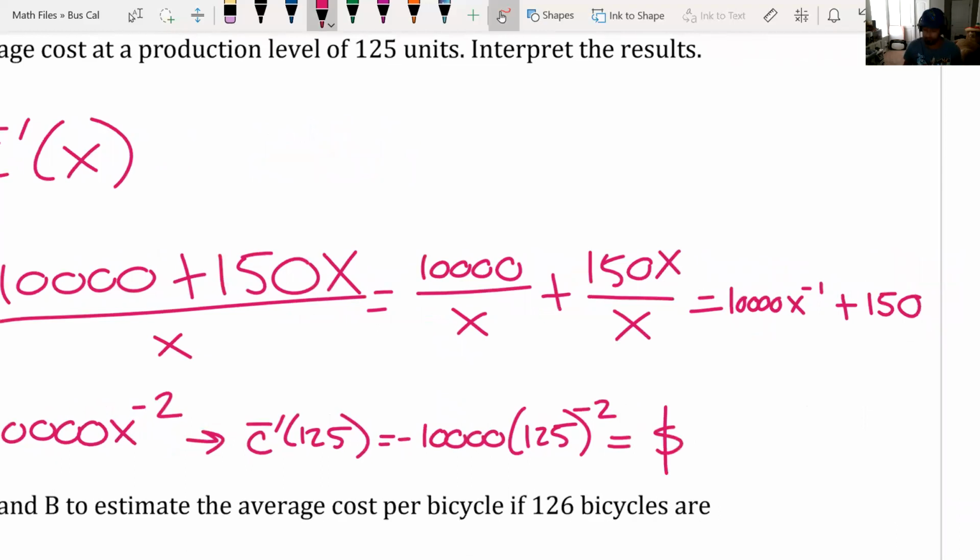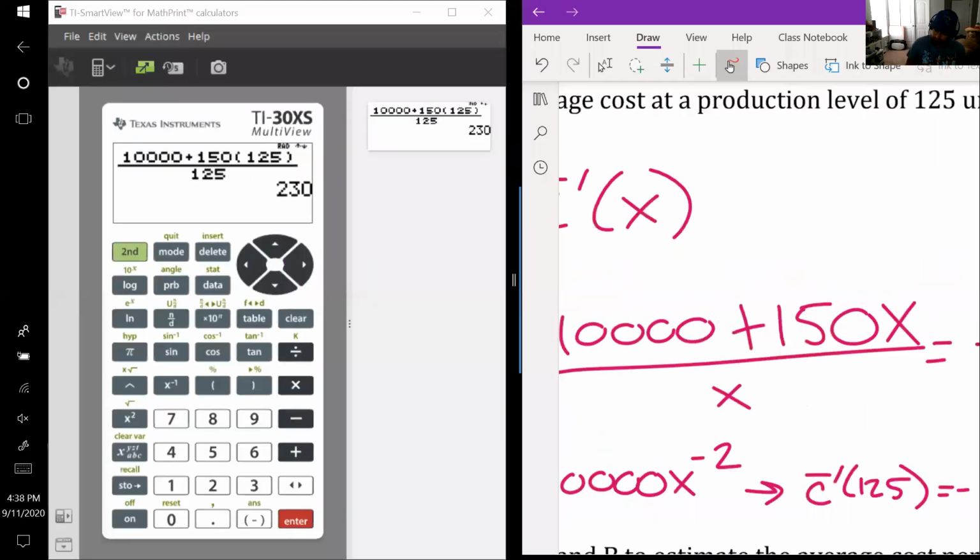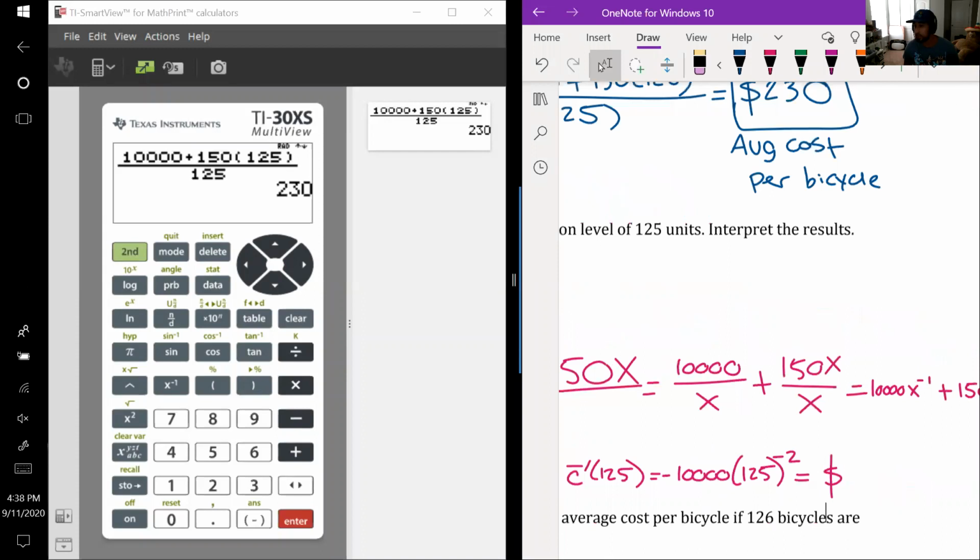And let's see what we get. And once again, just how I wrote it there is how I'm typing it in the calculator. Negative 10,000 times 125 raised to the negative 2.